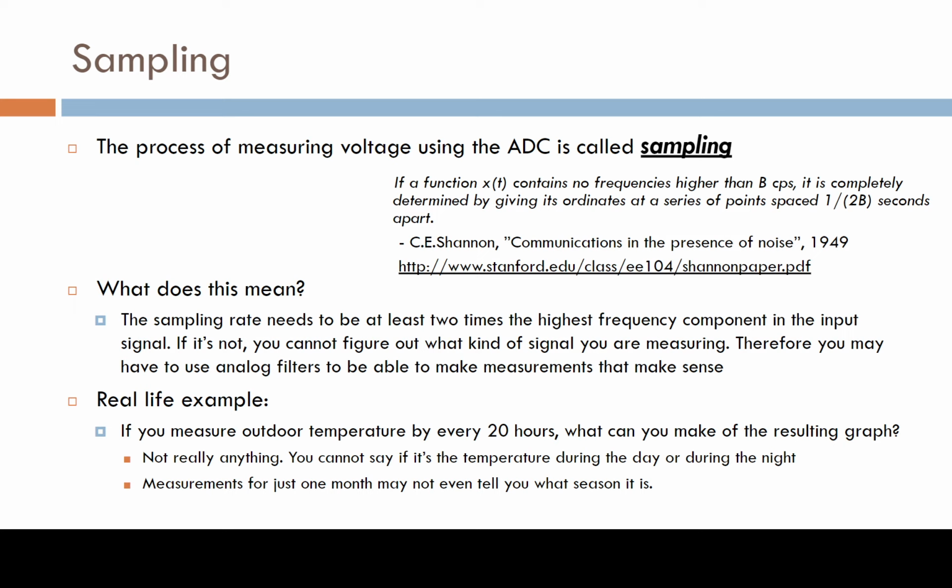If a function x(t) contains no frequencies higher than B cycles per second, it is completely determined by giving its ordinates at a series of points spaced 1/(2B) seconds apart. What does it mean? The sampling rate needs to be at least 2 times the highest frequency component in the input signal. If it's not, then you really don't see what is happening in your signal.